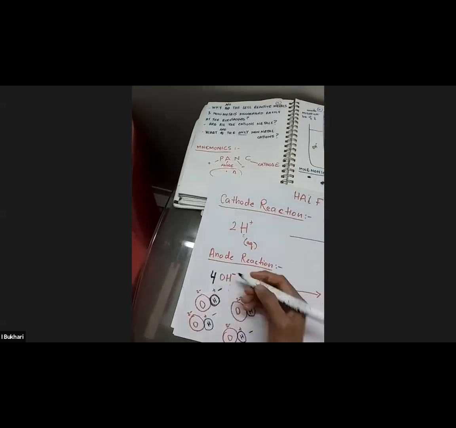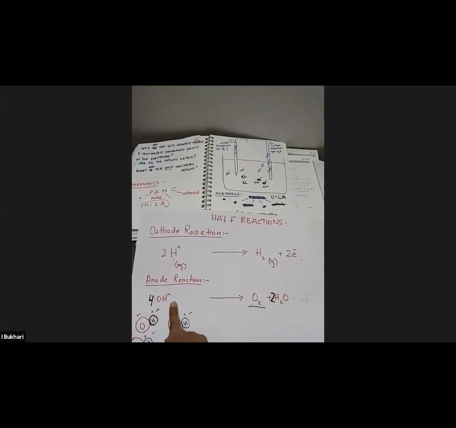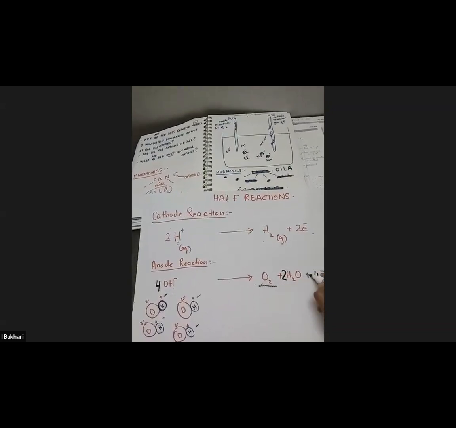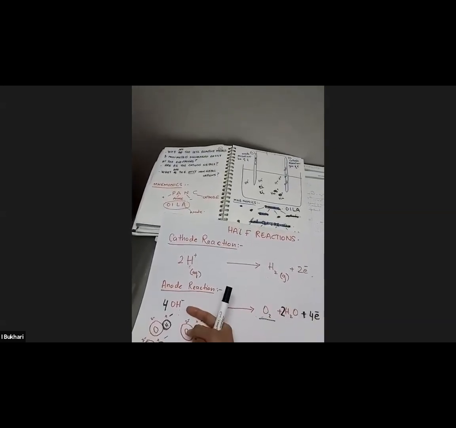So I wrote down 4 here, and that will give me 4 oxygen atoms and 4 hydrogen atoms. Now each hydroxide will lose 1 electron, so that will give me 4 electrons. This will balance this equation chemically as well as electrically. -4 here, -4 here.